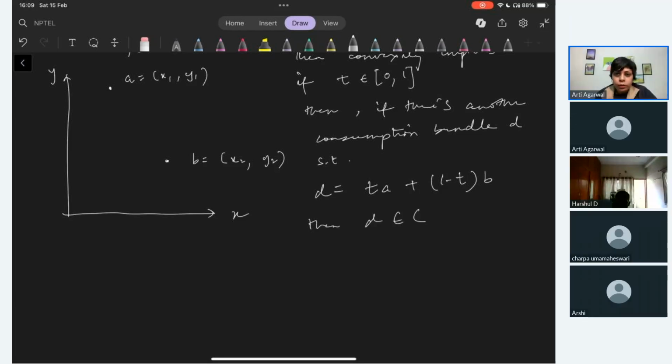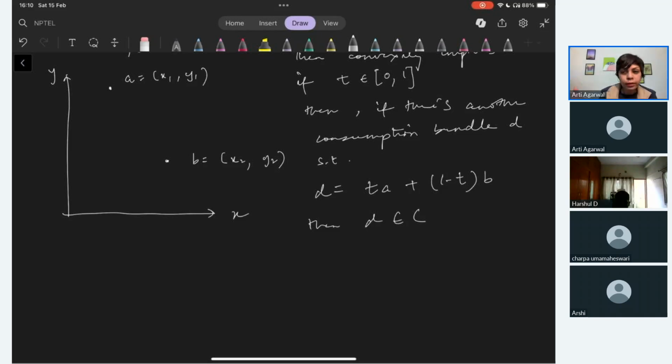What are we trying to do here? What we're trying to really say is that if you take A and B in some proportion, meaning you've taken a certain proportion t, less than 1, of A, and you have taken B in the remaining proportion, which is 1 minus t, and you take any combination of two bundles which you already know are there in the consumption set, then that third bundle is also going to be in that consumption set.